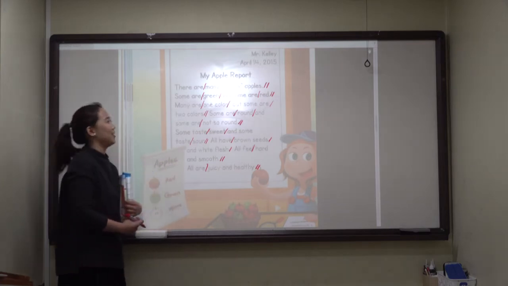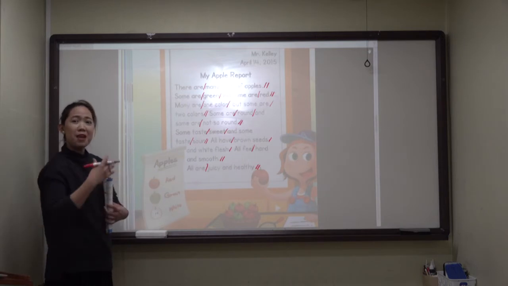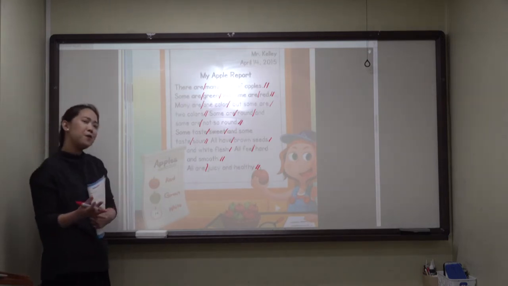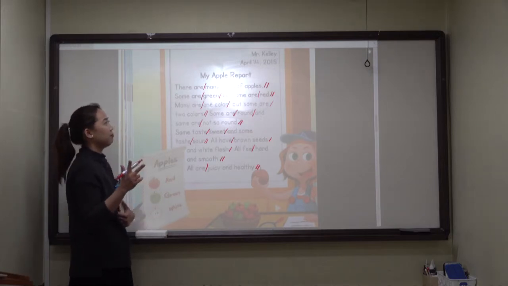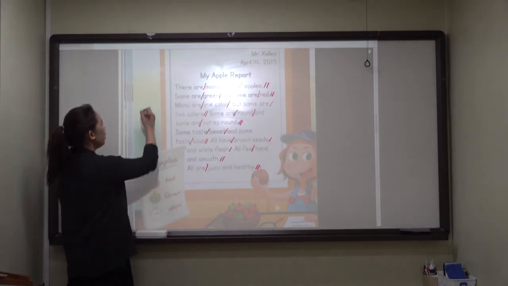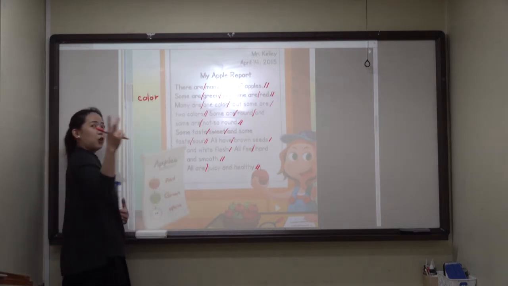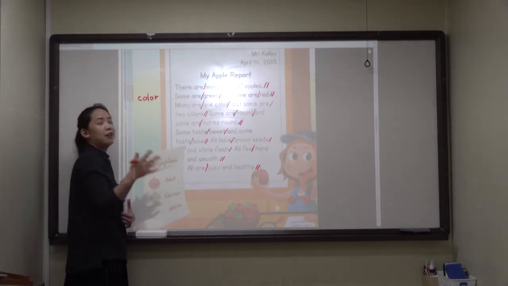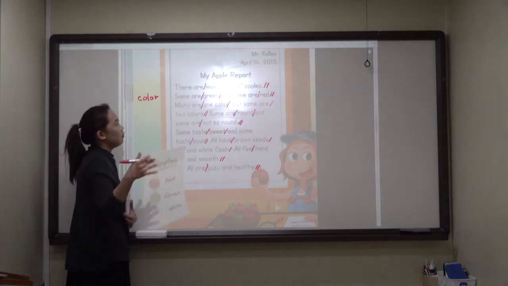All right. Let's talk about this. It says here, there are many kinds of apples. How many kinds of apples are mentioned here? Good job. Number one, the color. There are two kinds of apples depending on the color. And then what is mentioned next?